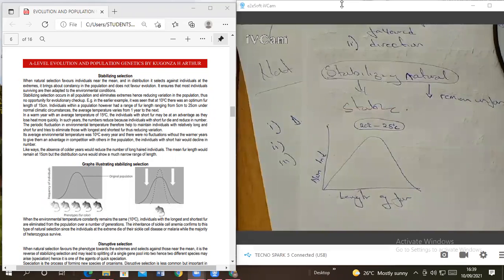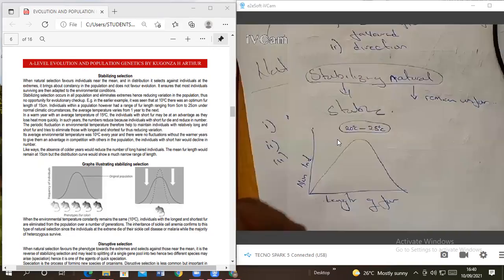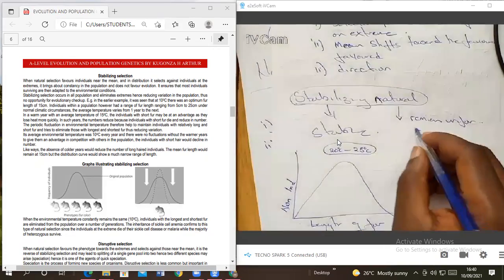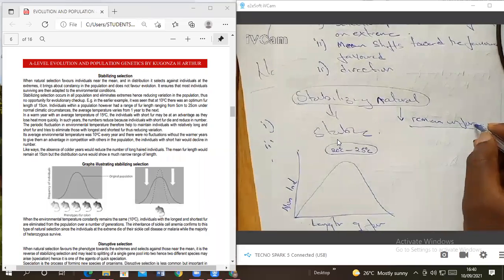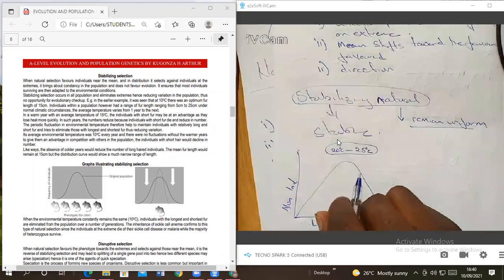So meaning the effectiveness of direction depends on how long the selection pressure is occurring. Automatically, it will depend on how long the selection pressure will take place. Now, according to this stabilizing natural selection, we have said one condition: the environmental condition should remain uniform for a long period of time.